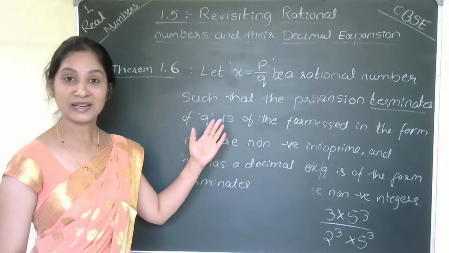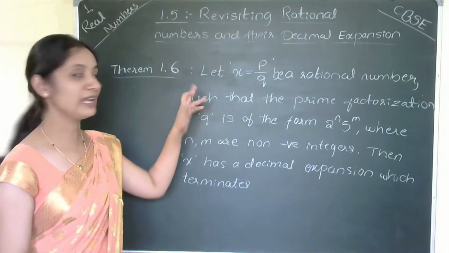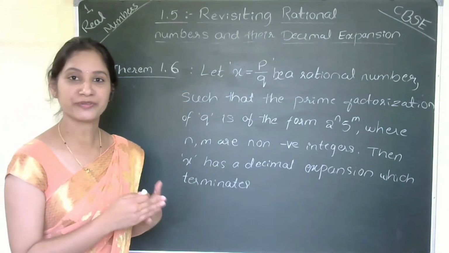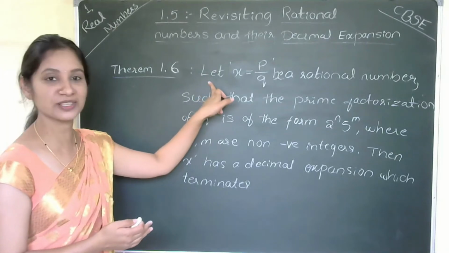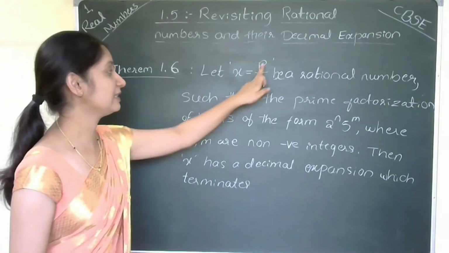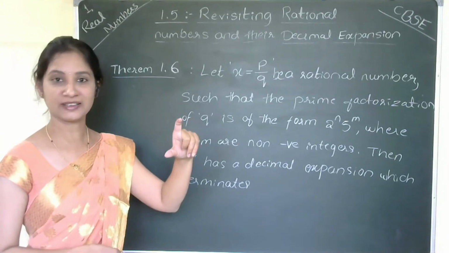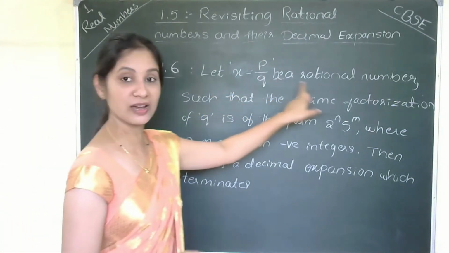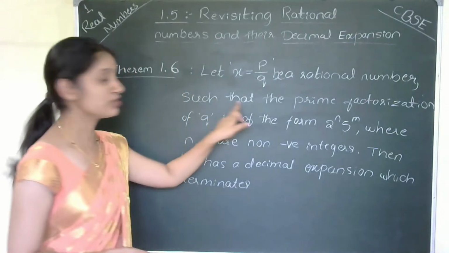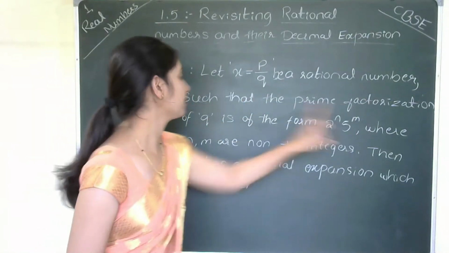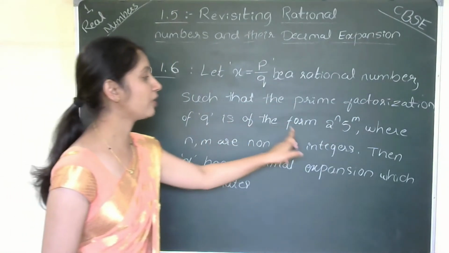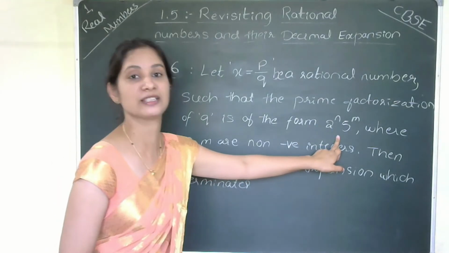This is theorem 1.6, the reverse of theorem 1.5. That means here, let x is equal to p by q. We are taking a fraction first. It is a rational number such that the prime factorization of q is of the form 2 raised to n, 5 raised to m.